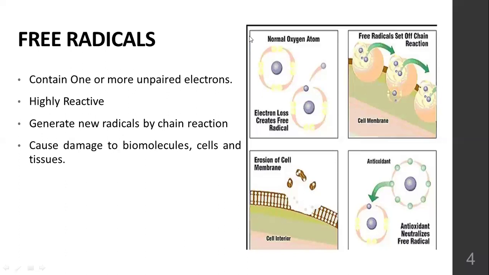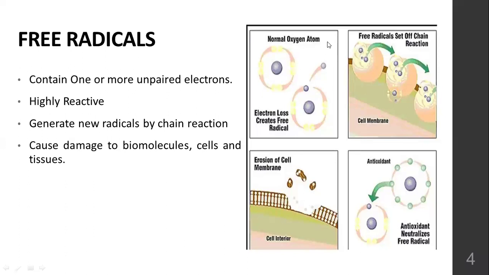Antioxidants are also unstable in nature, in the sense they have an extra electron they're waiting to donate. They want that extra electron to be given up. Free radicals are also unstable, waiting to gain one electron. So antioxidants will react with the free radical: the antioxidant will undergo oxidation and the free radical will undergo reduction.